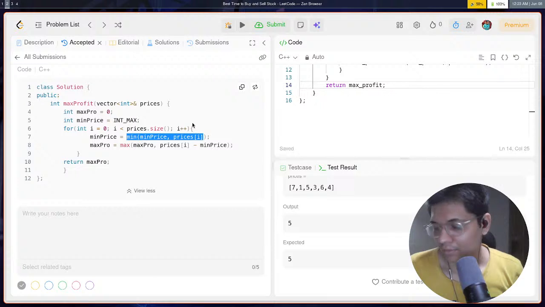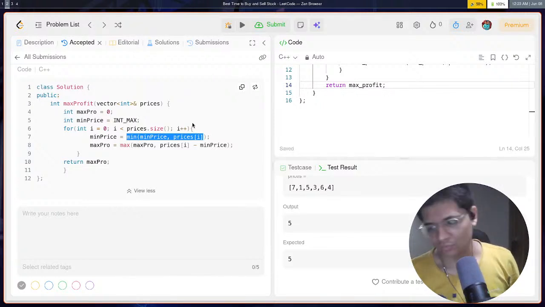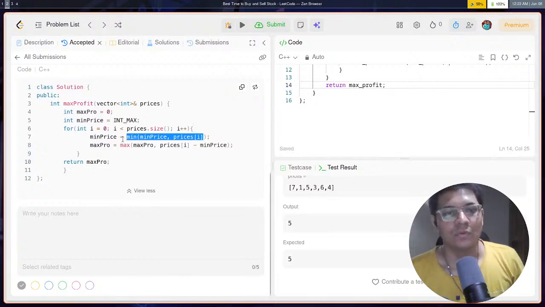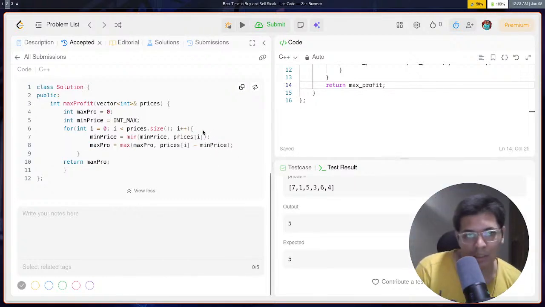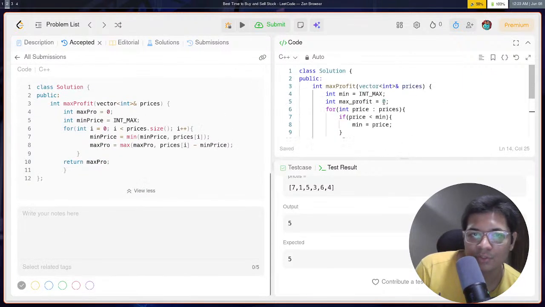Now the min price is 2, and 2 will be compared with the next index. Let's say it's 1, and between 2 and 1, 1 is obviously smaller, so 1 will be stored as min price, and so on. Same goes for the max profit, and that's how we solve this question.